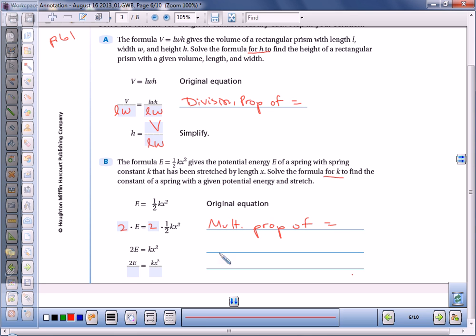And so we would divide by x squared. All we did here was simplify. And so now we're doing the division property of equality. And when we do, we get 2E divided by x squared equals the constant K.